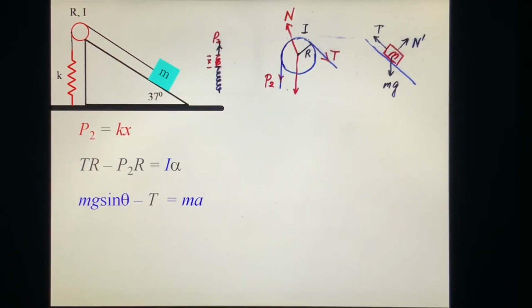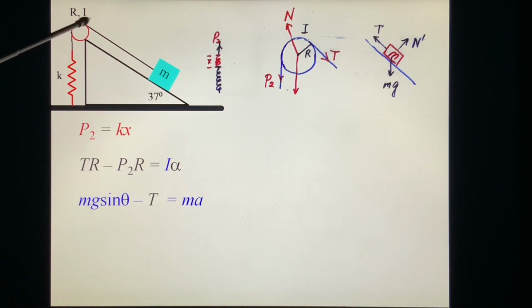Now we have three equations. How many unknowns? P2, x, T, alpha, a, altogether five. So we need two more equations to solve that. First, when you see a and alpha, what is a?